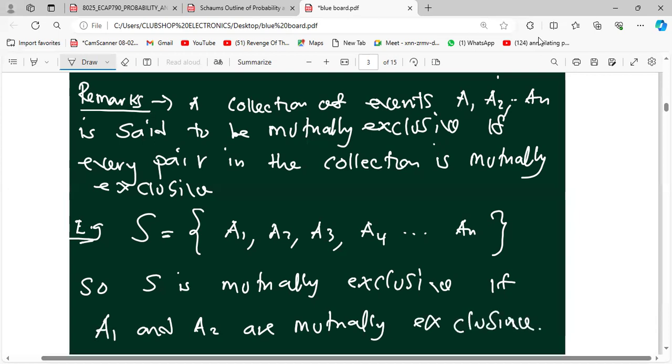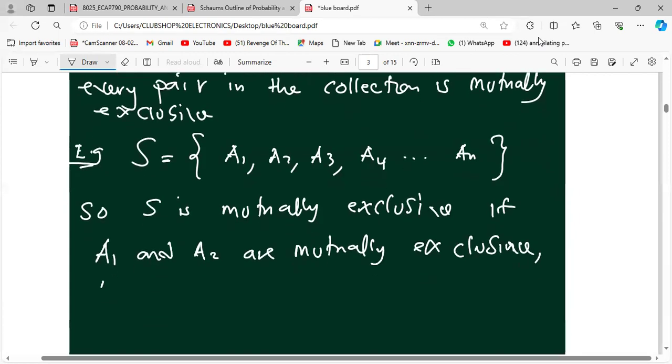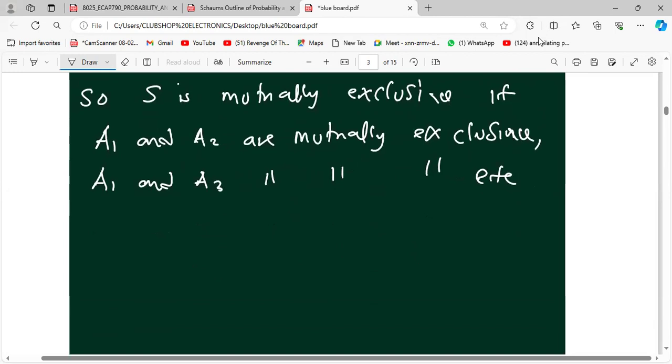All right? Maybe A1 and A3 are mutually exclusive, etc. So a collection itself is mutually exclusive if every pair is mutually exclusive. Okay? Now we can look at an example.